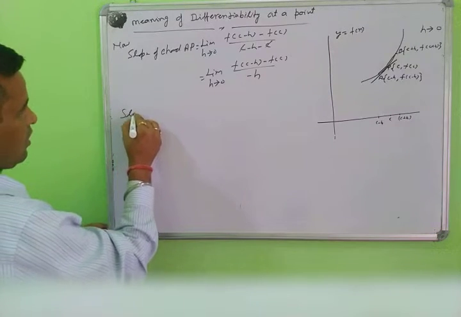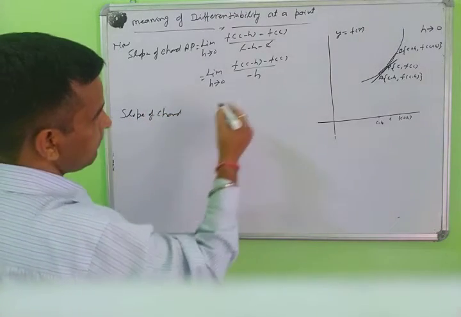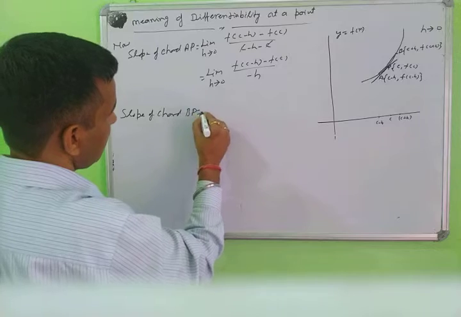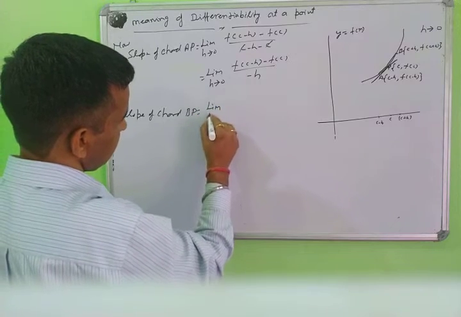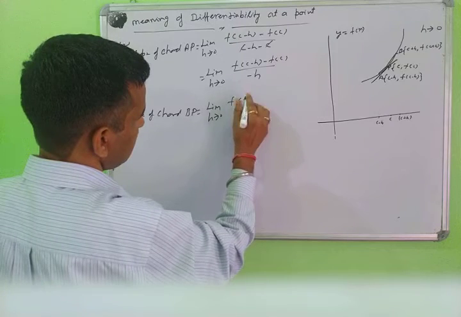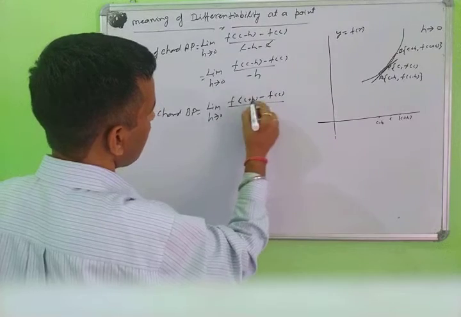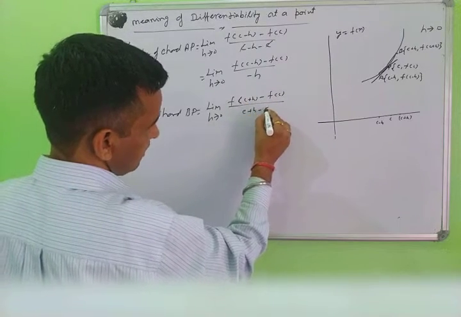Now, slope of chord BP, the limit h tends to 0, f(c plus h) minus f(c) upon (c plus h) minus c.